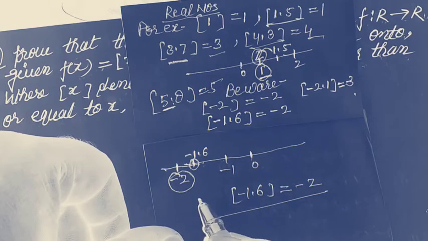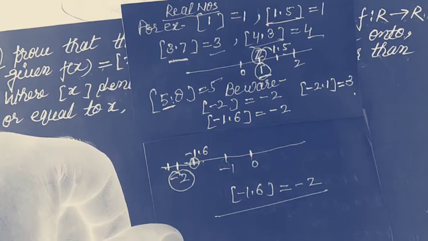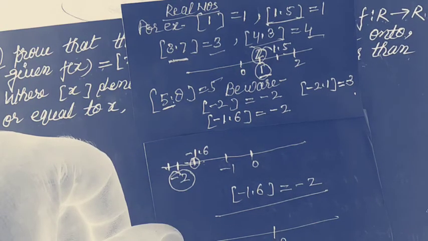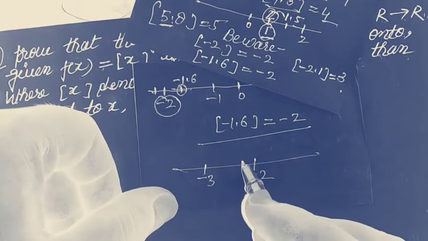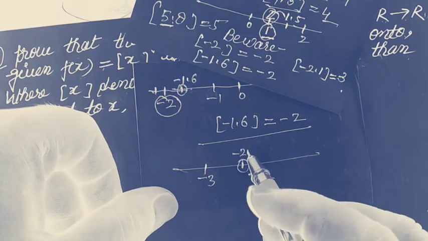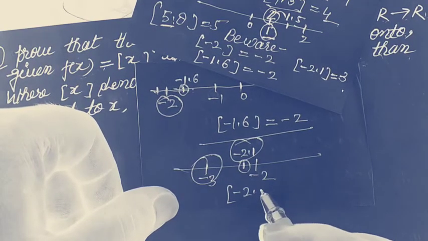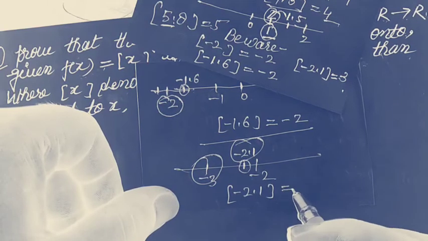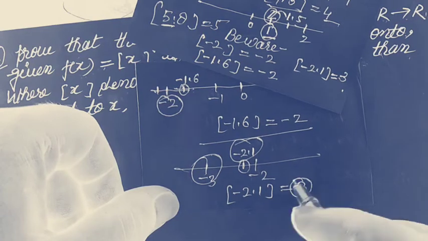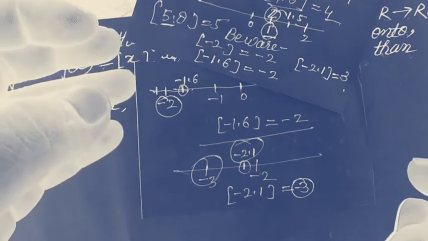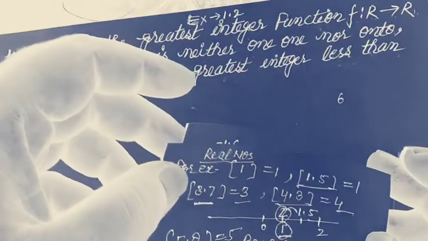If we put here -1.5, with -2 and -3, and -2.5 is here, we will get -3. So for -2.1, we will get -3. So in all conditions, positive or negative, we will go to the nearest left side.